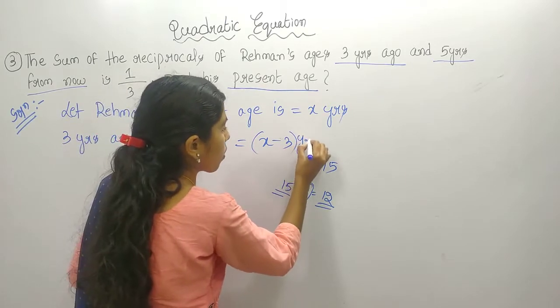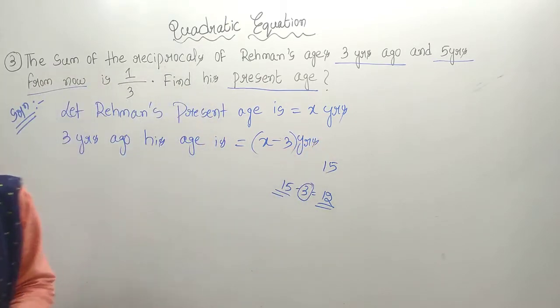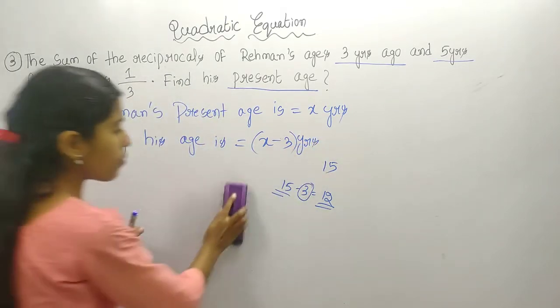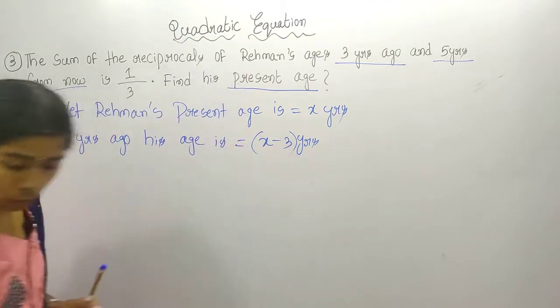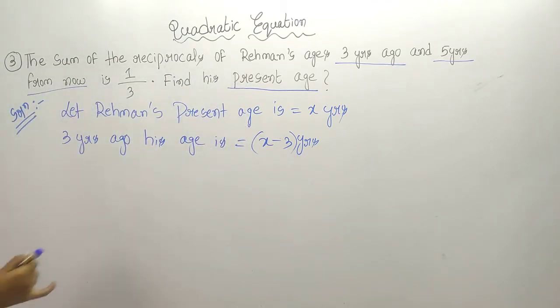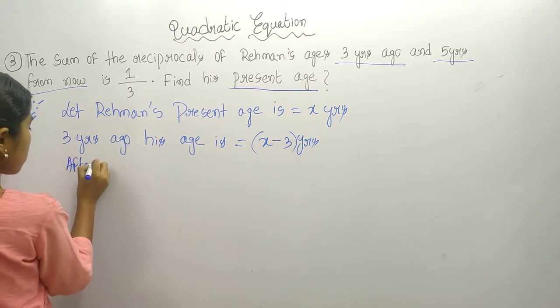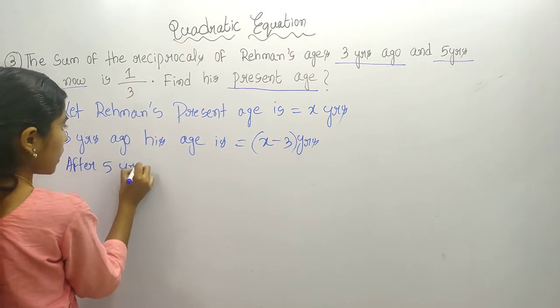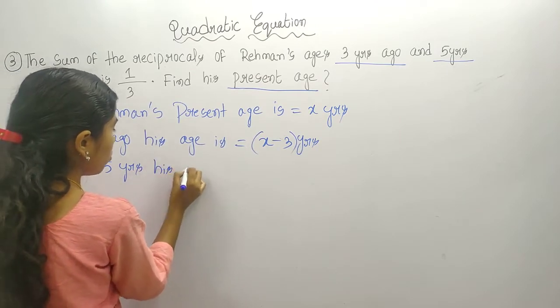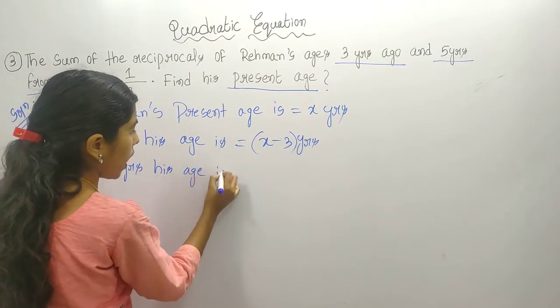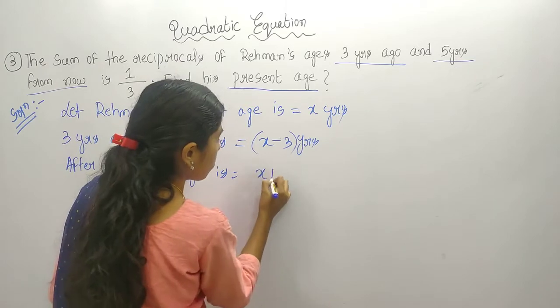Okay. Next, what is given? 5 years from now. So you write after 5 years his age is equal to, how much will it be? x plus 5.